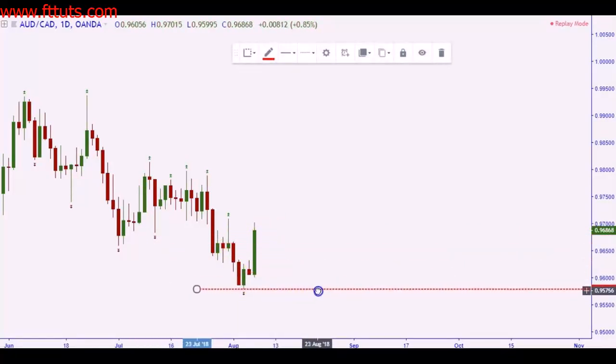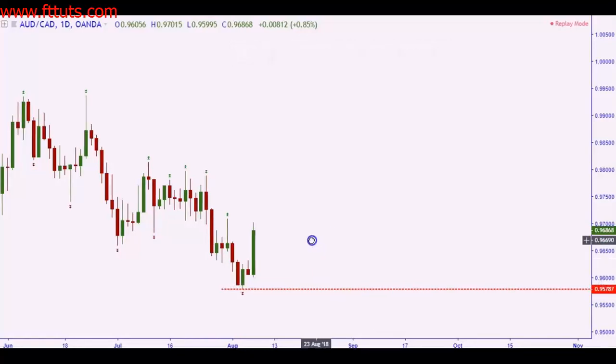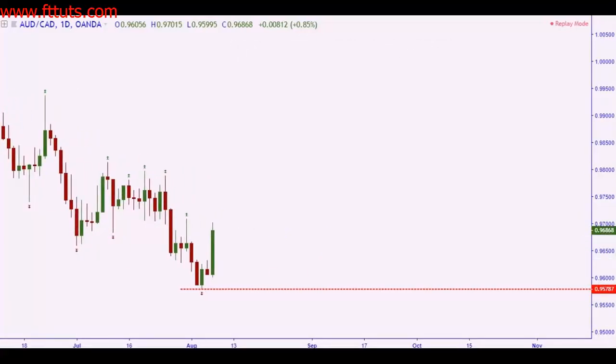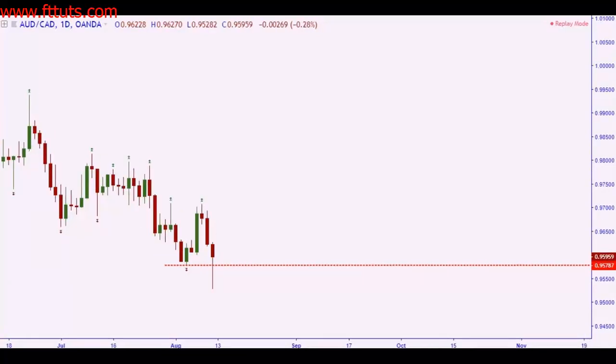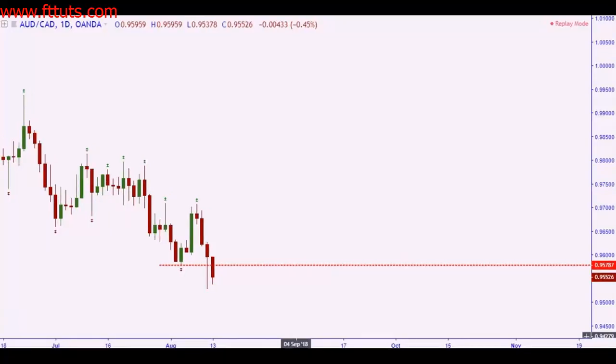So I'm going to look for an entry at that point. My trade is triggered already, but now I'm in a drawdown. So I made profit, then I'm now in a drawdown. That's if I put an aggressive entry. If I wait for the next candle to close, then I'm in the market here.